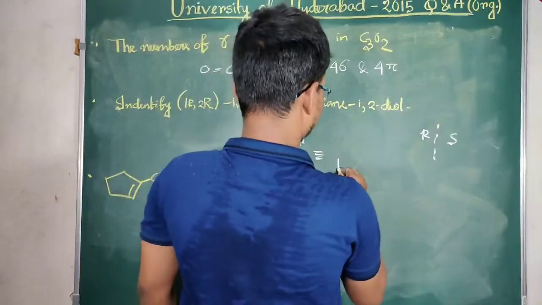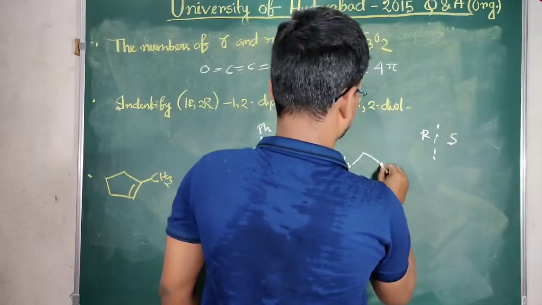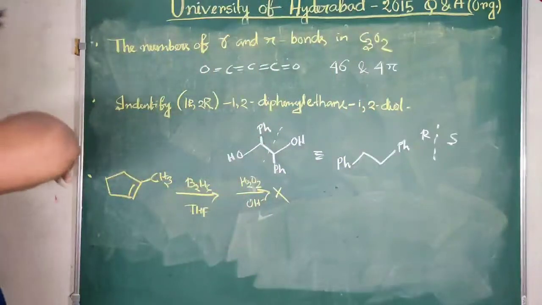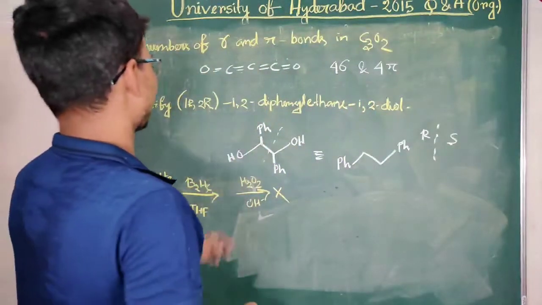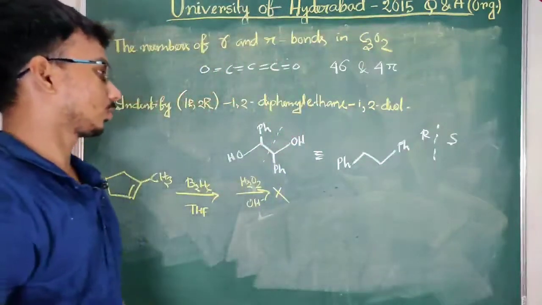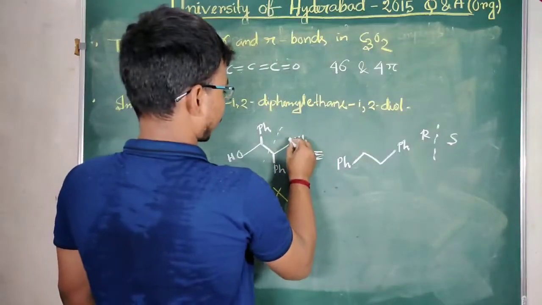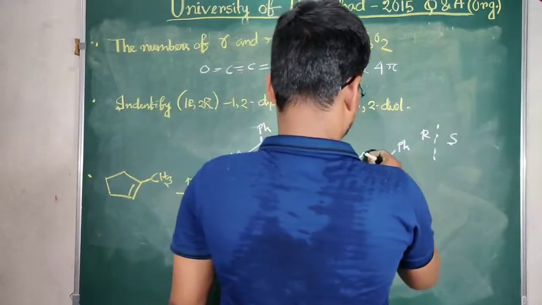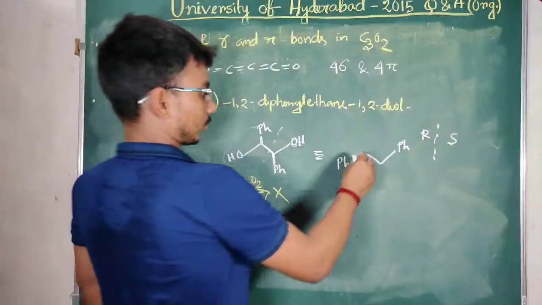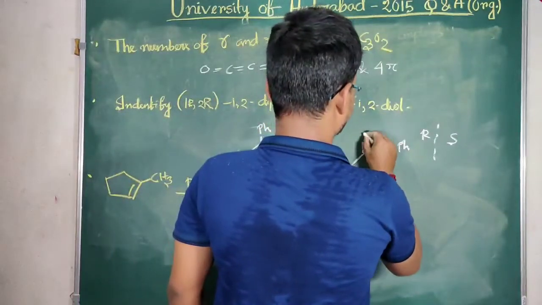So take phenyl along the axis. Then we predict the OH and H positions. We have to predict R. So OH should be our priority group. If we put hydrogen below, then OH should be above.